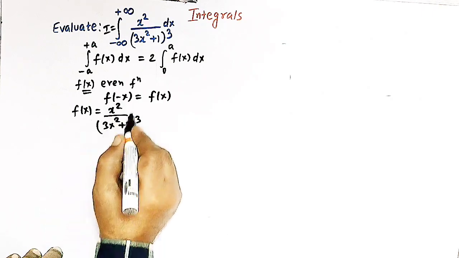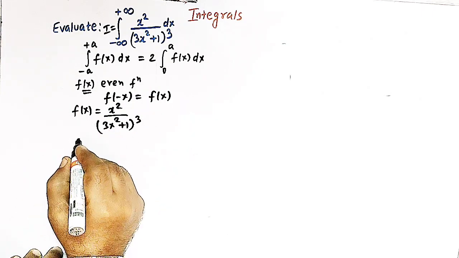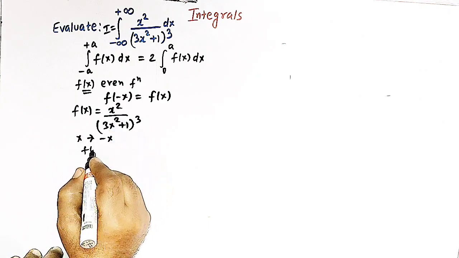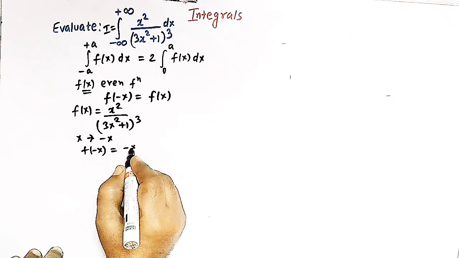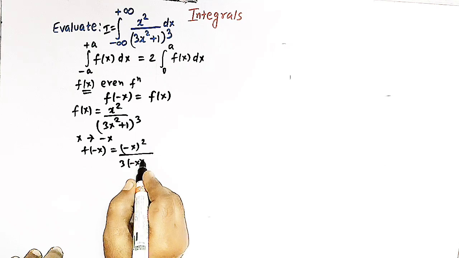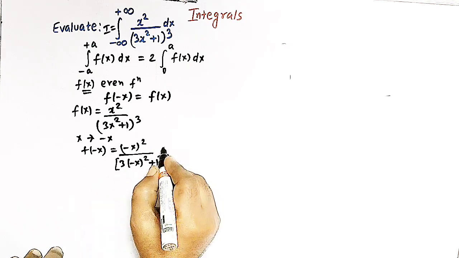This is an even function, which we can see easily by replacing x by minus x. f of minus x is minus x square over (3 times minus x square plus 1) cube.